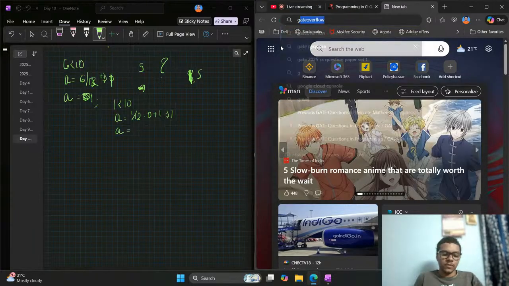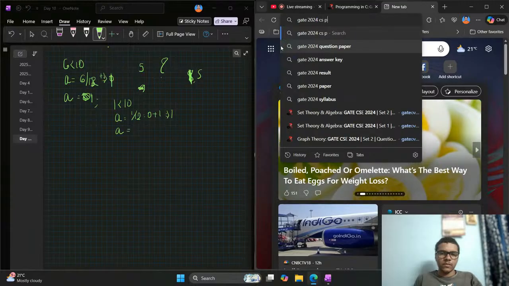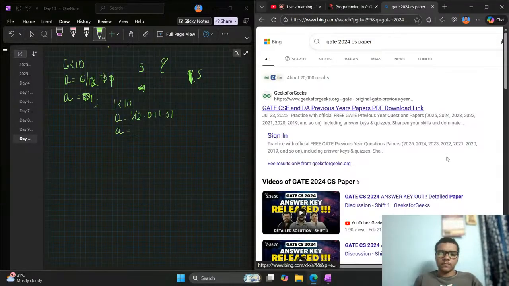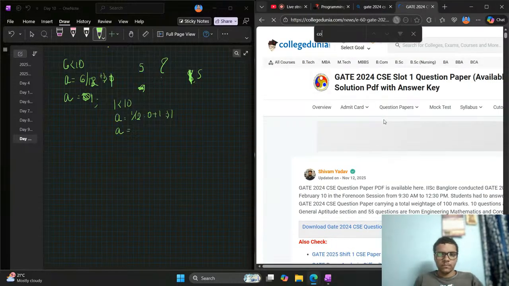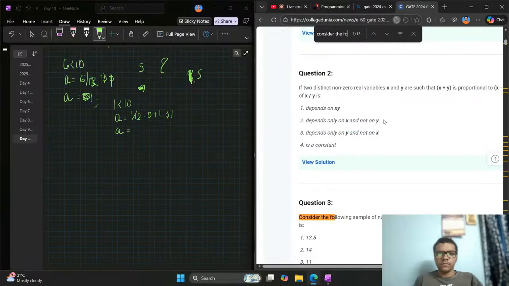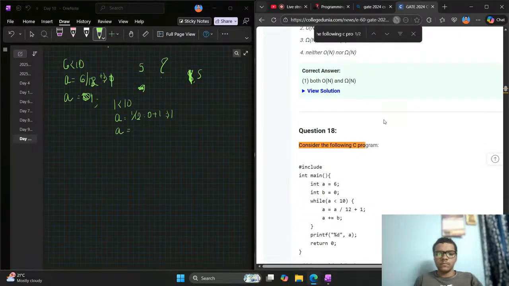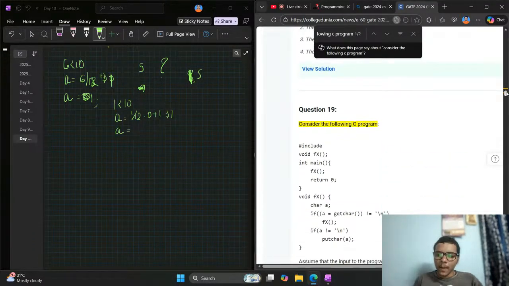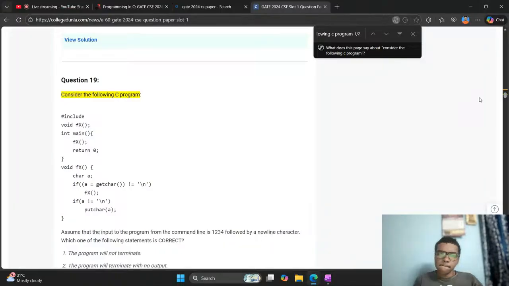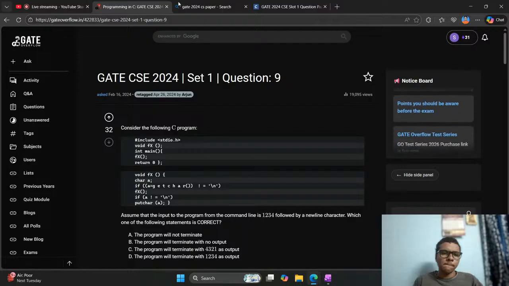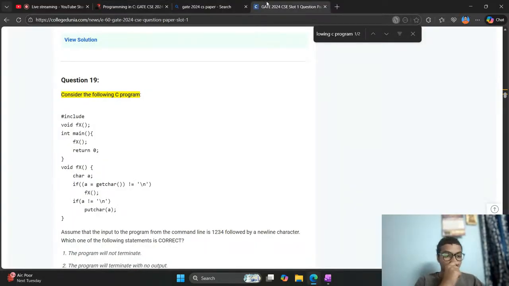Consider the following C problem. Assume that the input to the program.